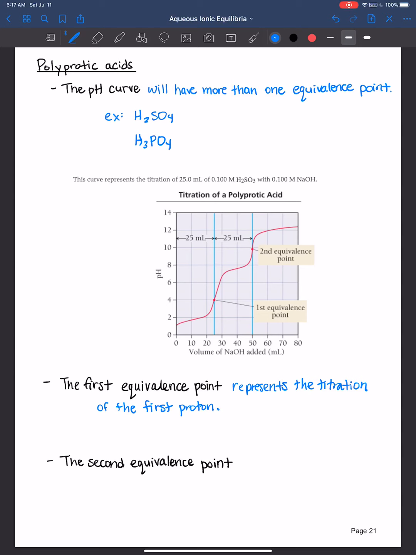So basically, in this example here, it took about 25 milliliters to pull off the first proton with sodium hydroxide.